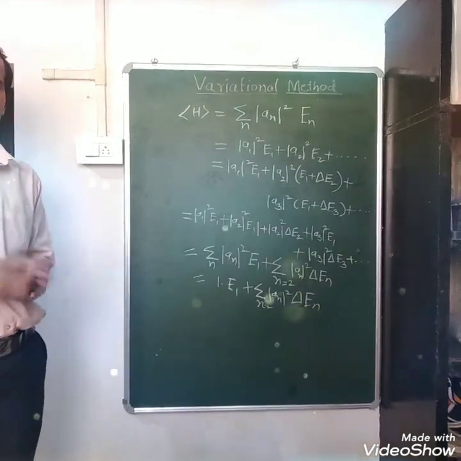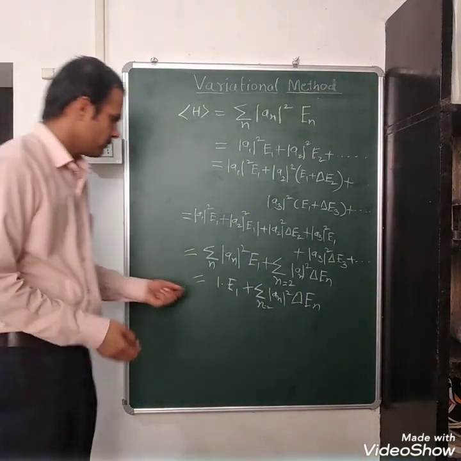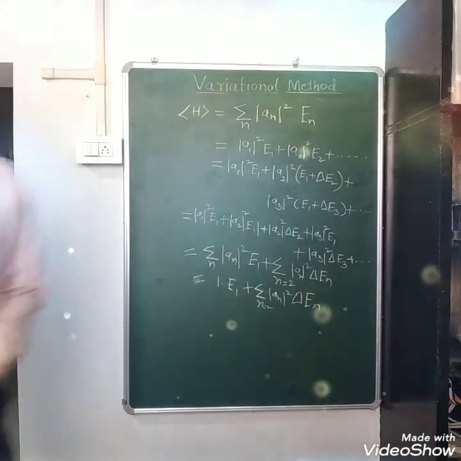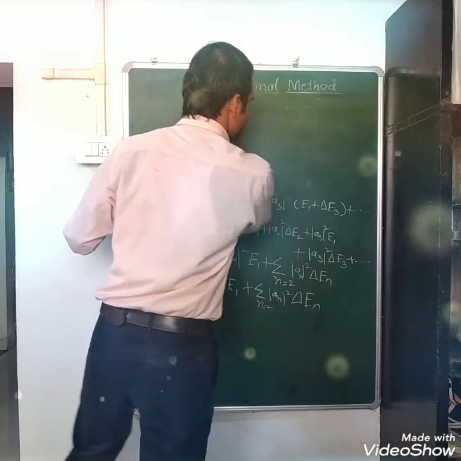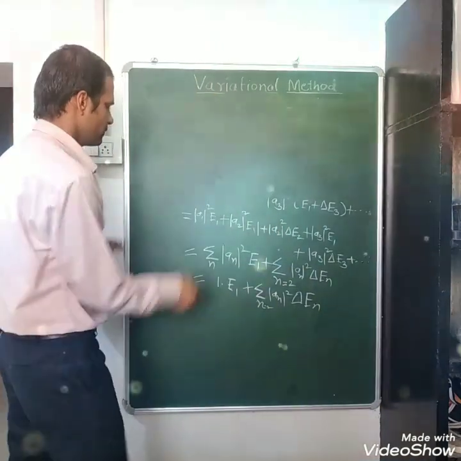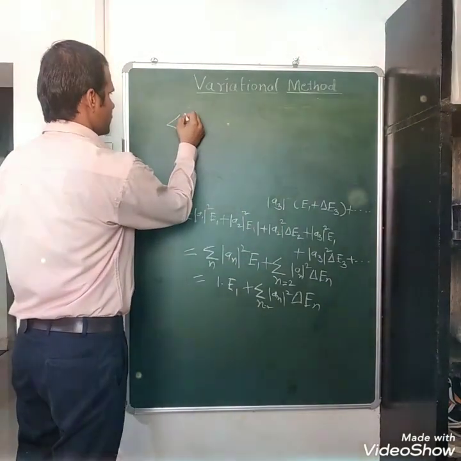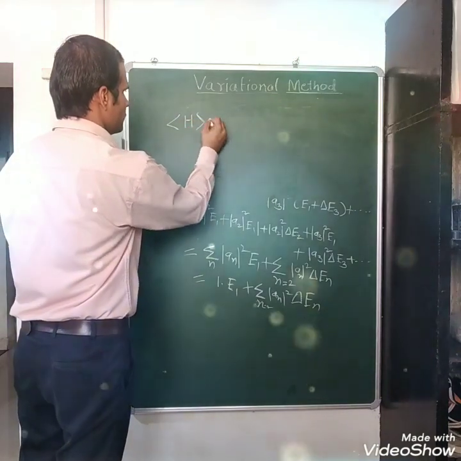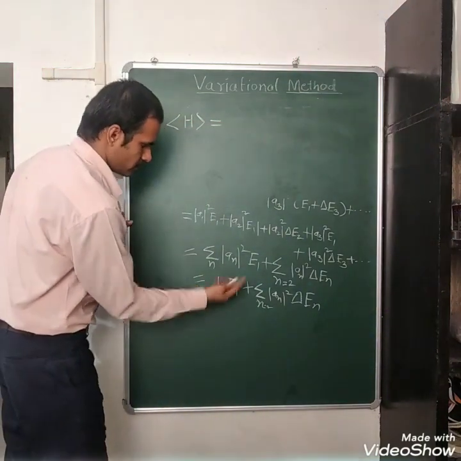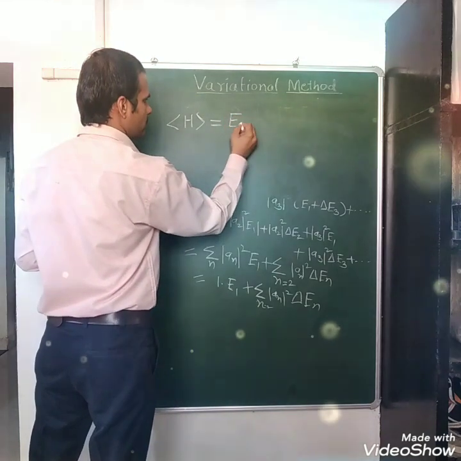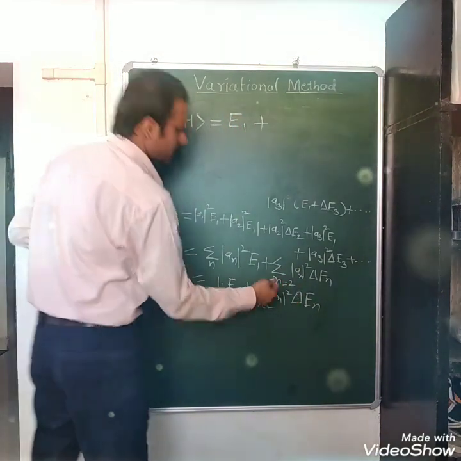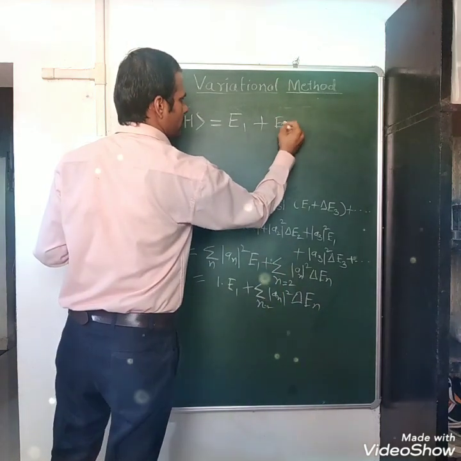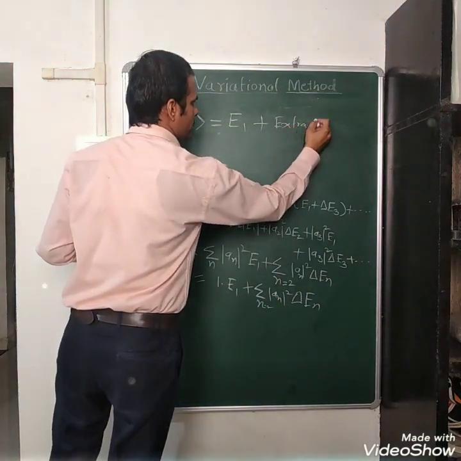Okay, now again if we write clearly here, expectation of H is equal to E1 plus something extra terms.